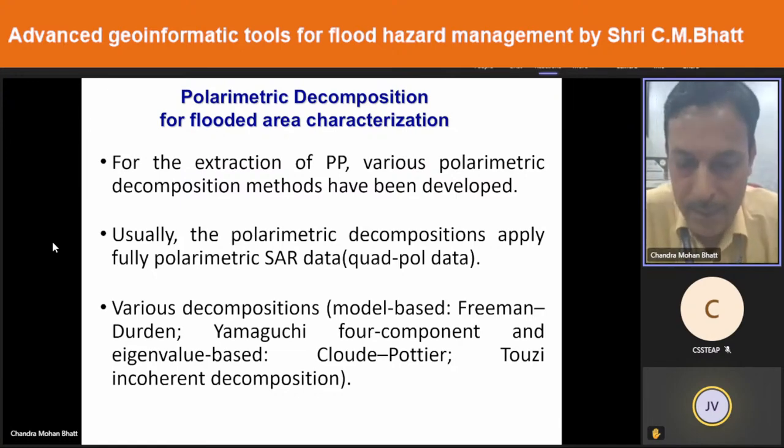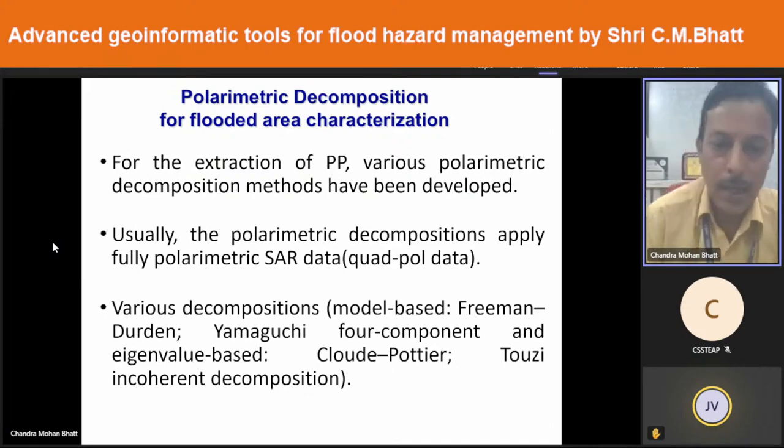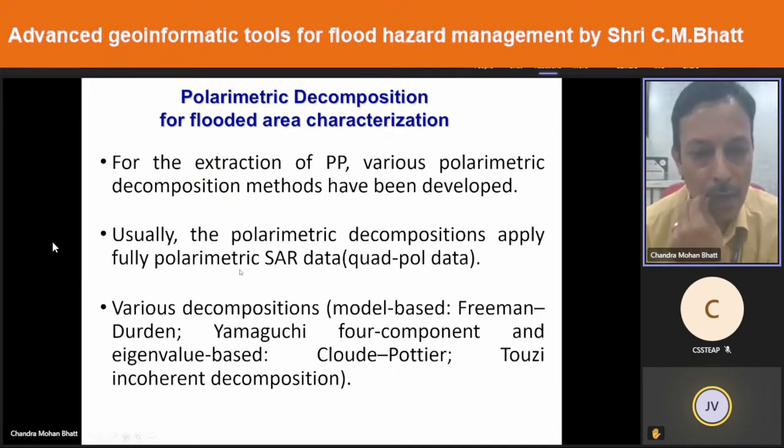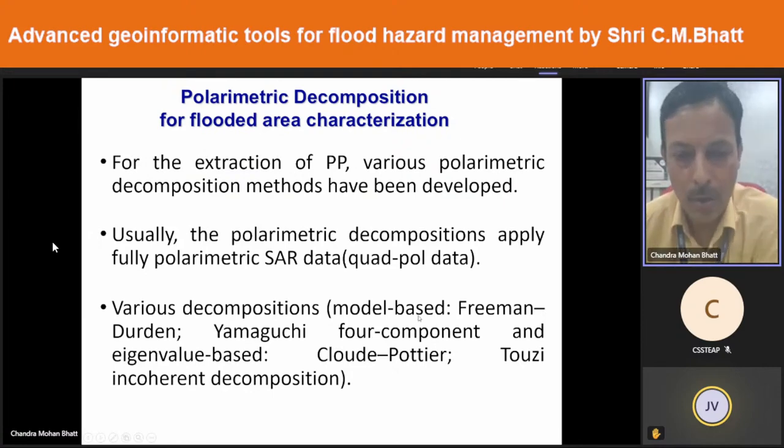And for the extraction of the polarimetric parameters, various polarimetric decomposition methods are there, like the model-based or the eigenvalue-based methods. We will not go much into those methods.